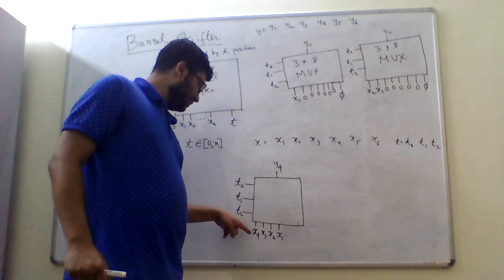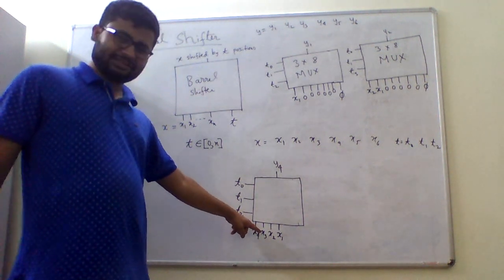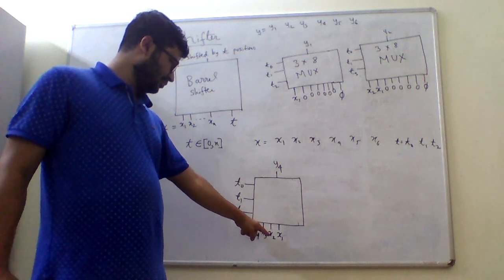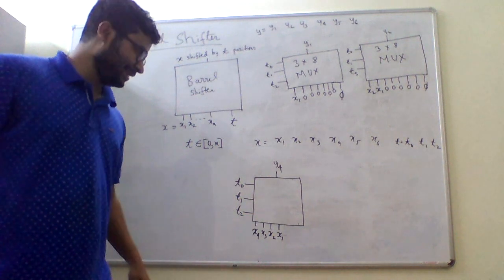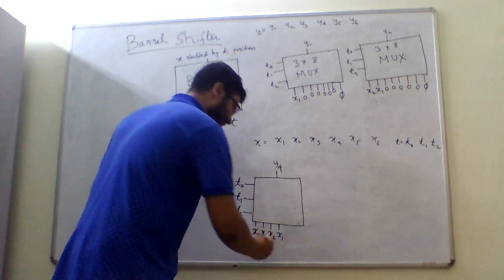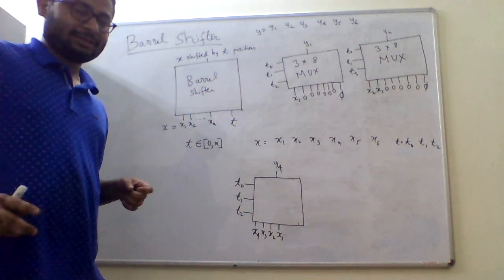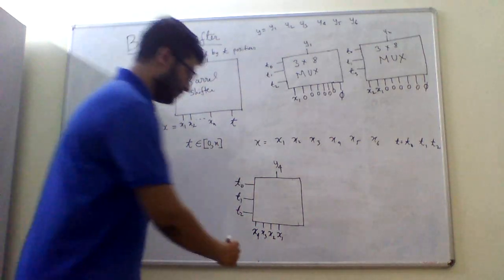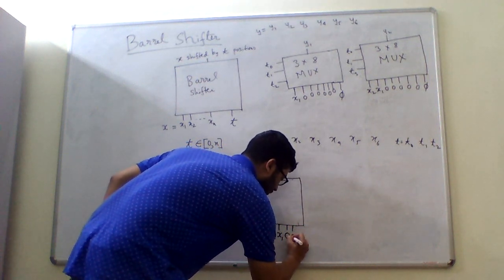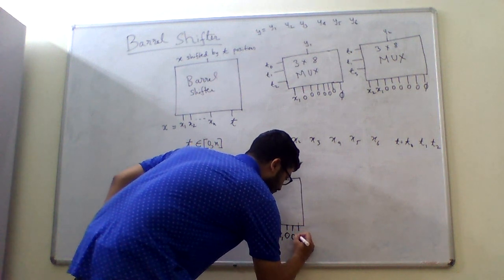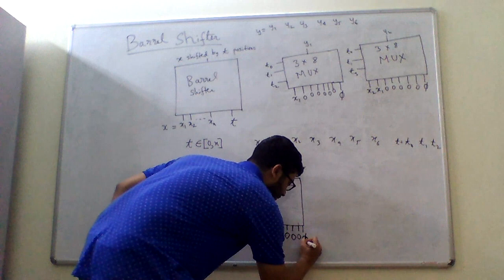So if t is 0, then y4 is equal to x4. If t is 1, y4 is x3. If t is 2, y4 is x2. If t is 3, y4 is x1. And if t is 4, 5 or 6, then y4 is 0. So this corresponds to t being 4, this corresponds to t being 5, and this corresponds to t being 6. And the 8th line again is irrelevant because t is never equal to 7.